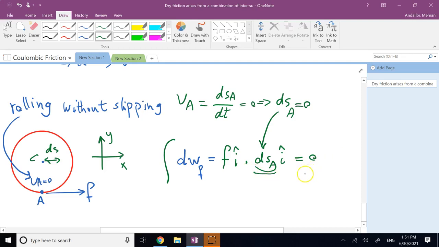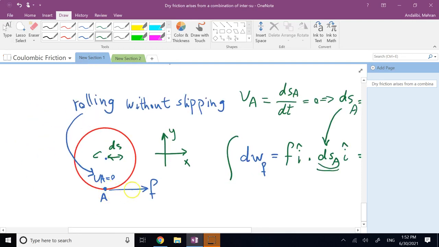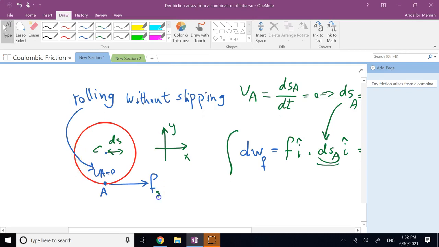0. Okay, so the static friction, which is between an object rolling without slipping, does not do any work, and so when it doesn't do any work, any negative work, it is not going to change my total potential plus kinetic energy. Okay, so friction does work when there is sliding.